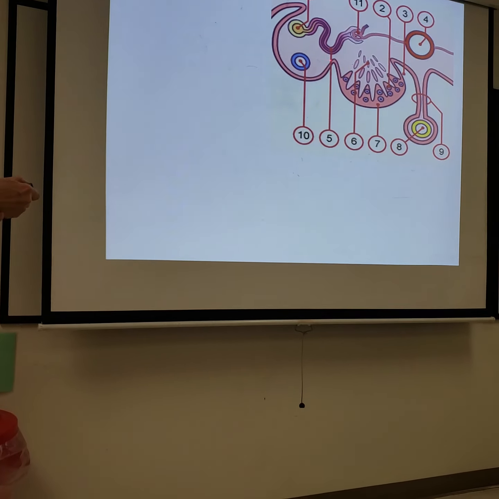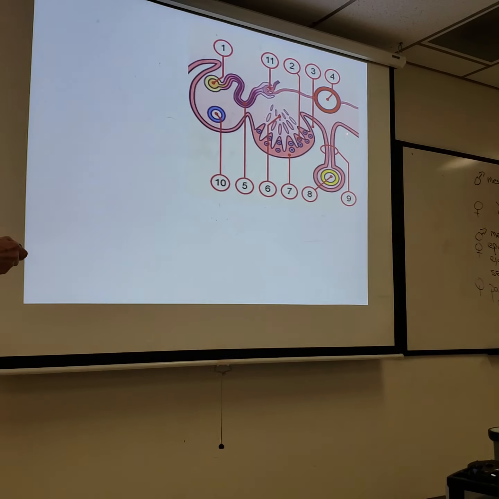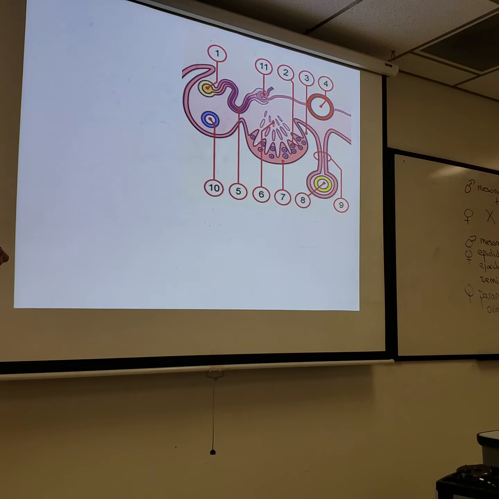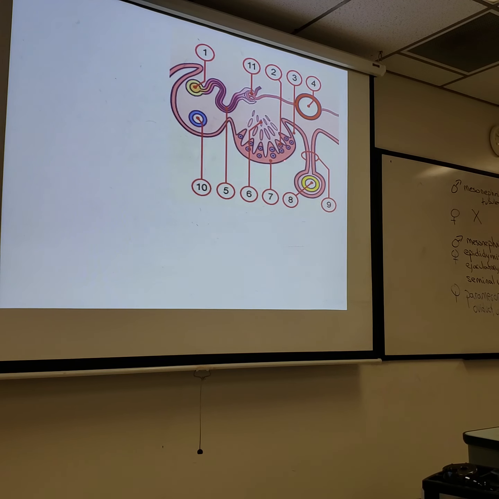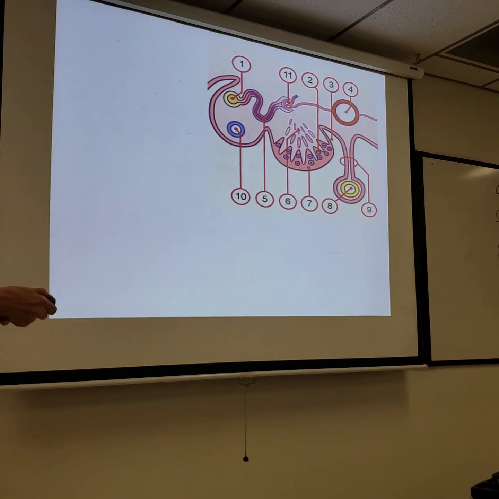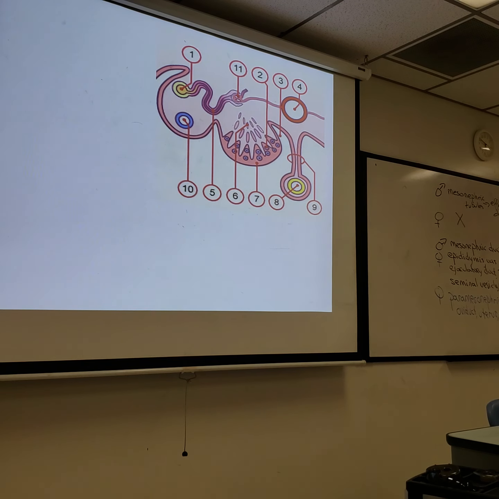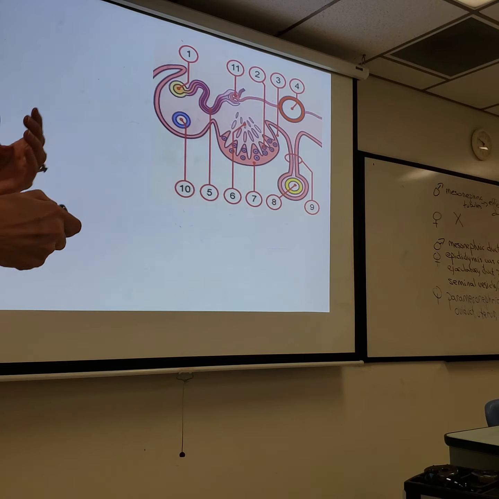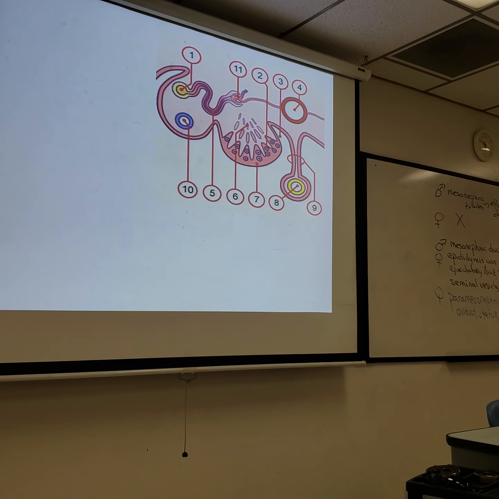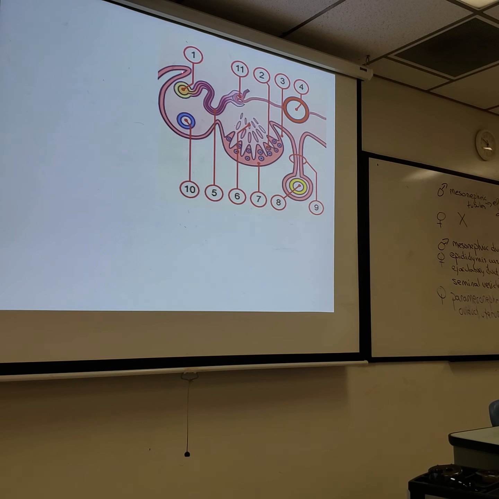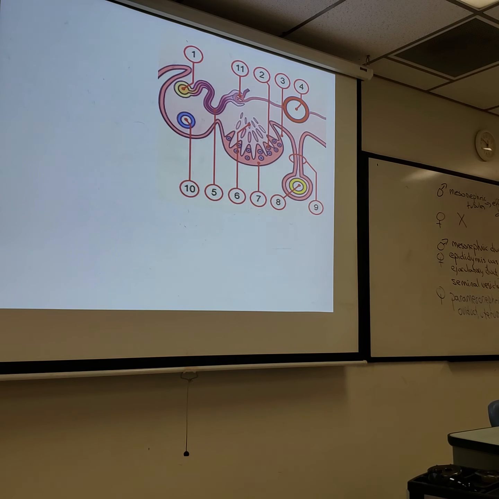So here's the genital ridge, all right, that's going to form the ovary. Here's the germinal epithelia that's going to form the follicular cells around what are going to become the oogonia. We still have the mesonephric tubule around the blood vessels from the aorta. Here's the mesonephric duct, and here's the paramesonephric duct, all right?